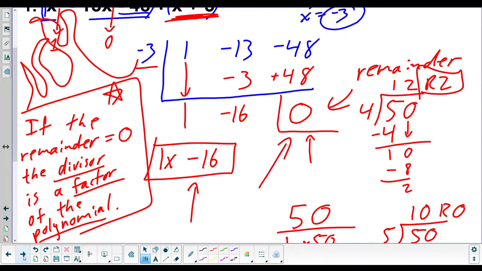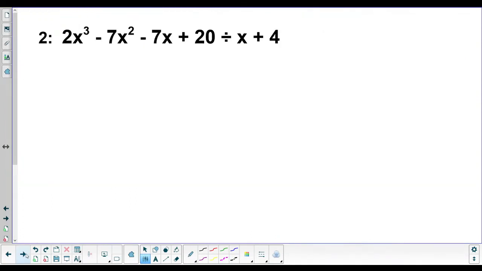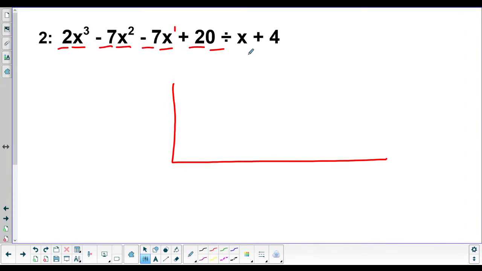Let's go do another example. Okay. Draw the L. Put your coefficients, first check, are they all there and are they in order? So x to the power of 3, to the power of 2, to the power of 1, no x's. They're in order and I don't skip any. Write the coefficients across the top.